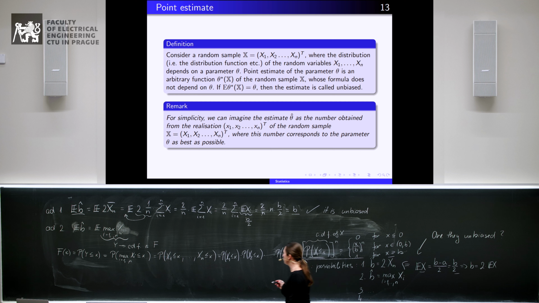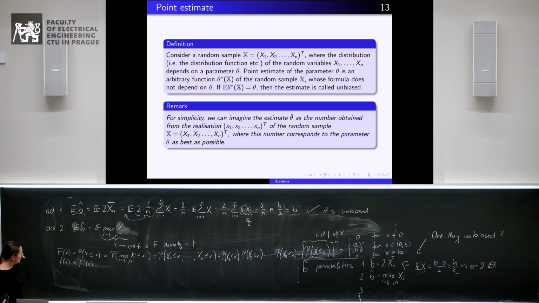Great, so we have the distribution function. Now we calculate the density. We denote the density as small f, and the density is nothing other than, I will write it just shortly without any conditions, the derivative of the distribution function.